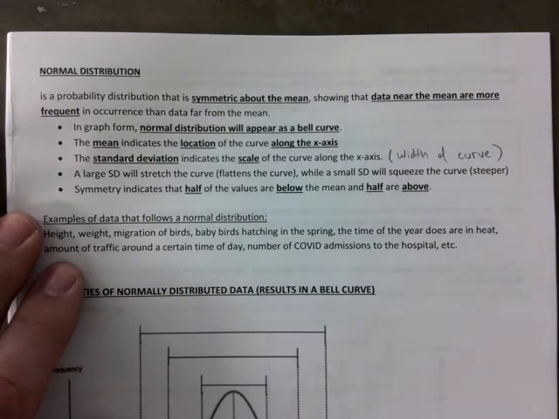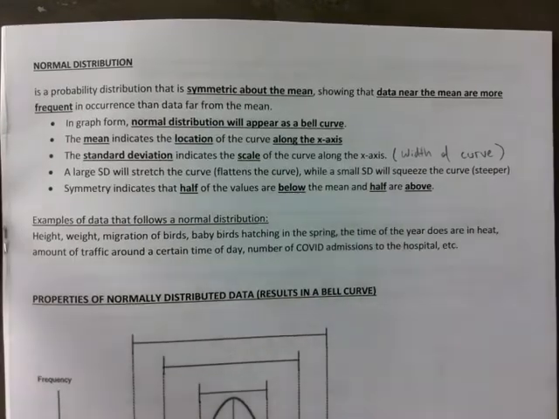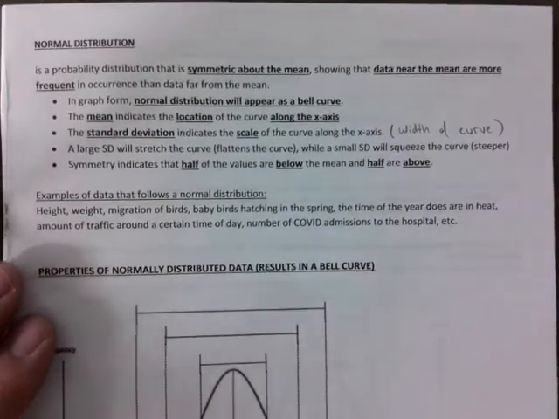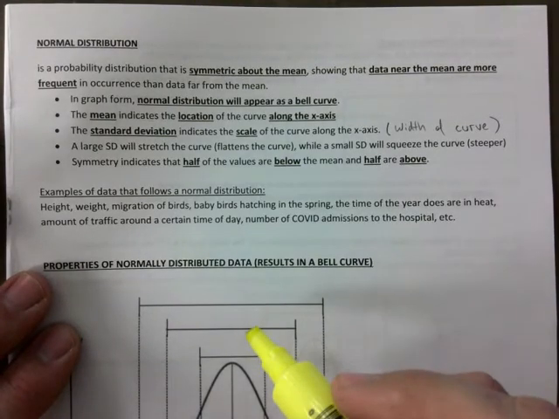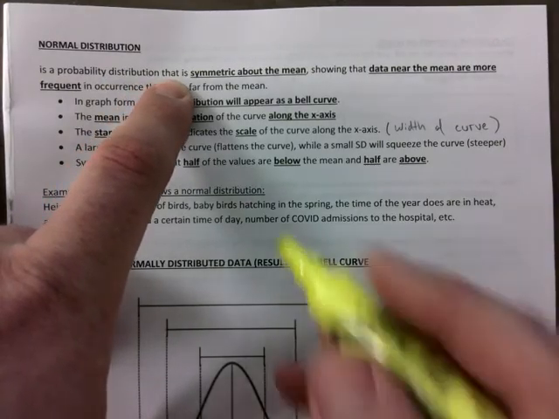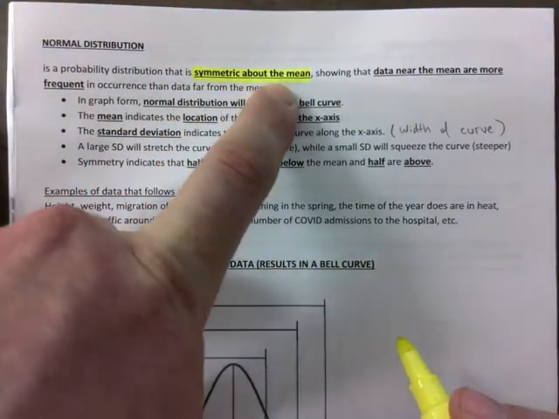So we talked about flattening the curve with COVID and everything. They were always referring to what we're going to really focus on a bit more today, and I gave you a bunch of graphs where you have that bell curve. Okay, normal distribution is a probability distribution, and it is symmetric about the mean.